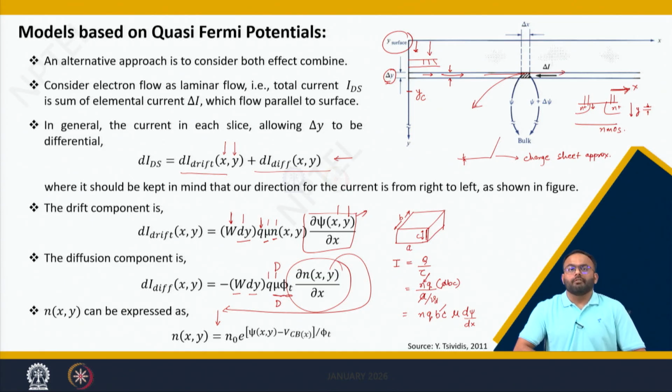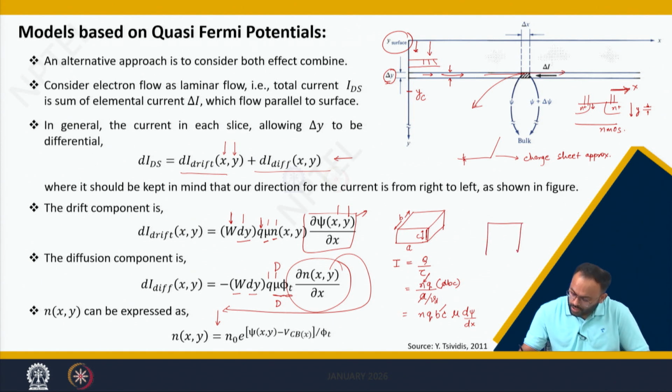You remember when we were talking about the 3-terminal structure, we said that when you apply a voltage VCB, the electron concentration can be given by n naught e to the power of psi s, or psi as a function of x,y, minus VCB as a function of x, by phi t.